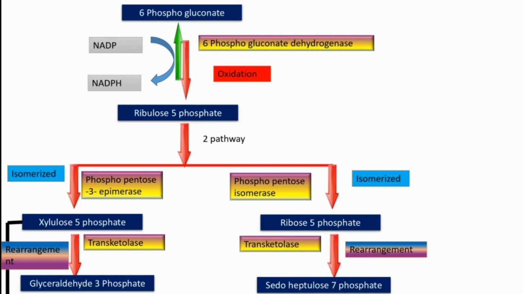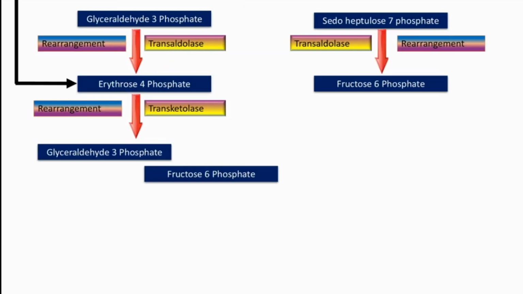Then another round of rearrangement also happens to this pseudoheptulose 7-phosphate. It undergoes one more round of rearrangement with the help of another enzyme, not ketolase but aldolase, transaldolase, and results in the formation of fructose 6-phosphate.